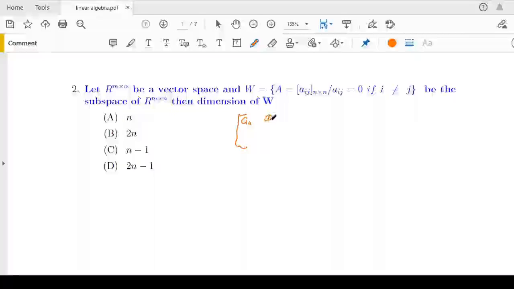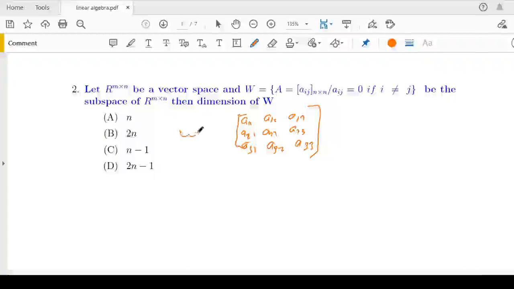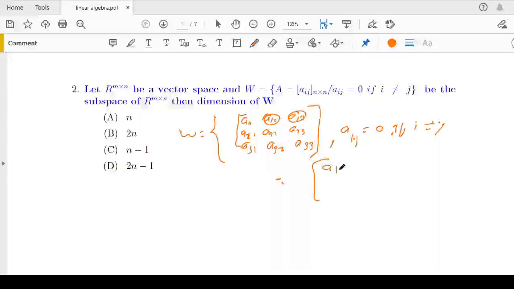Therefore, the matrix with entries A11, A12, A13, A21, A22, A23, A31, A32, A33, the set of all 3 by 3 matrices such that Aij equals 0 if i is not equal to j. Therefore, the off-diagonal values equal 0, and the matrix is A11, 0, 0, 0, A22, 0, 0, 0, A33.